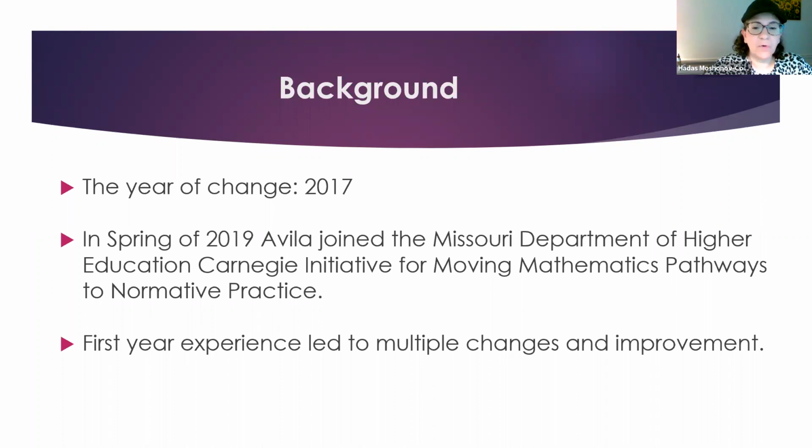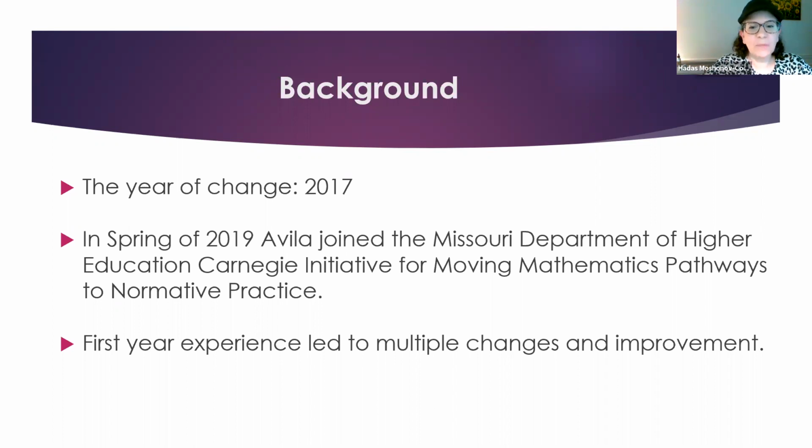The inspiration for adapting this Corequisite model stemmed from our participation in the Math Pathways initiative of the Missouri Department of Higher Education. Of course, the first year is always trial and error, and I learned a lot from the first year experience and made a lot of changes in the following years. Up until today, we are still working on improving that model.